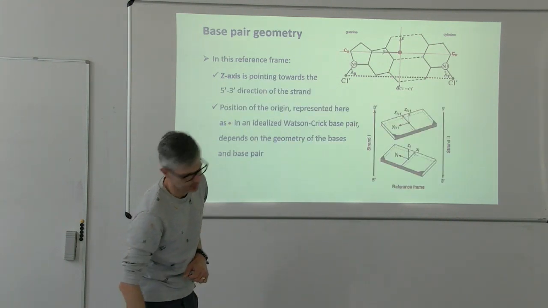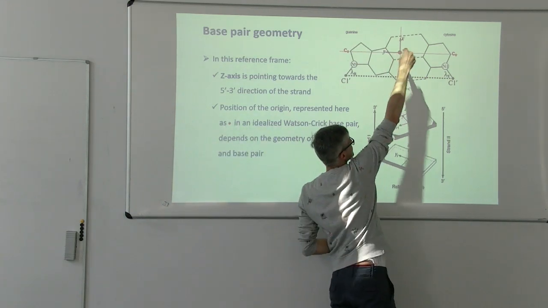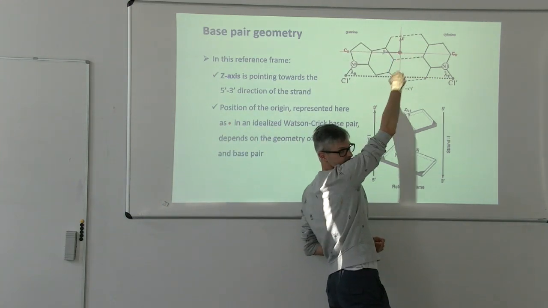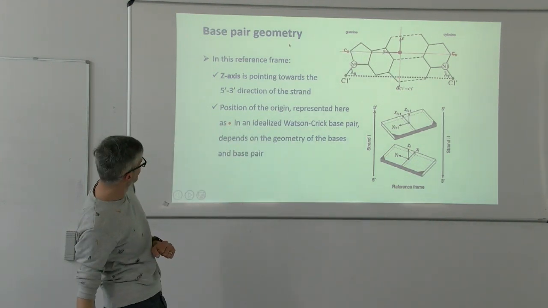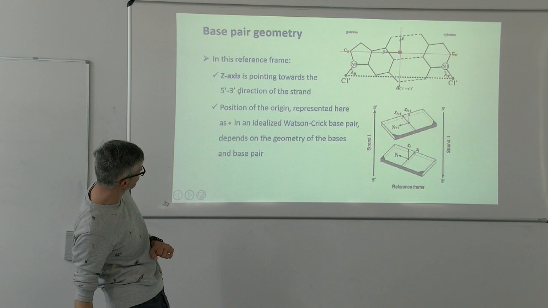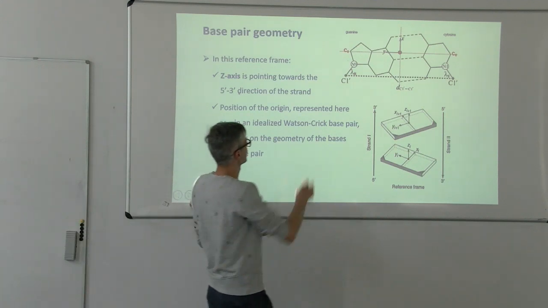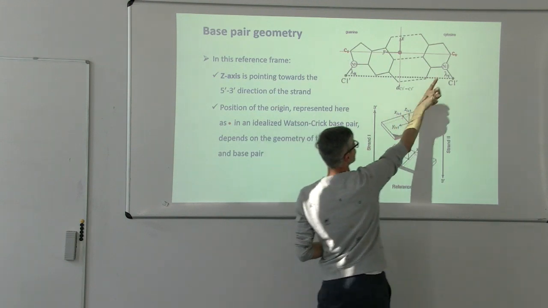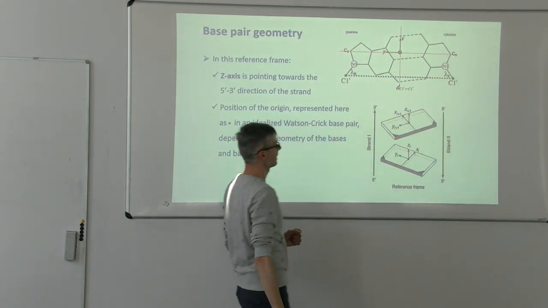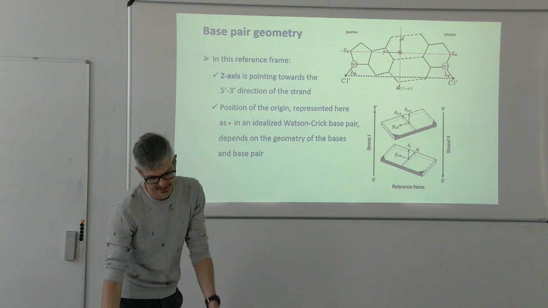And then obviously, where is the Z? It's just here pointing in and outside. This is the z-axis, which means in the 5' to 3' direction of the strand. Because these are the strands, you have 5' to 3', and then 5' to 3' in the other direction. So this is the z-axis.